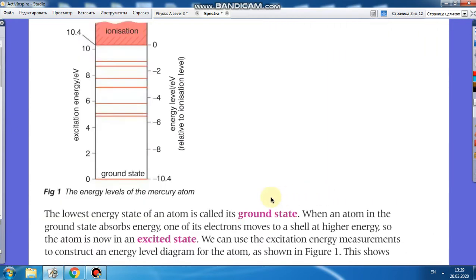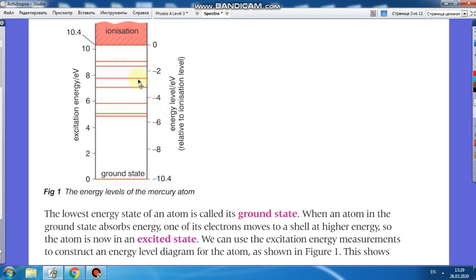So let's look at the energy level diagram for the mercury atom. We can see the lowest energy level is minus 10.4 electron volt. Excitation energy is shown on the left side and energy level is shown on the right side.